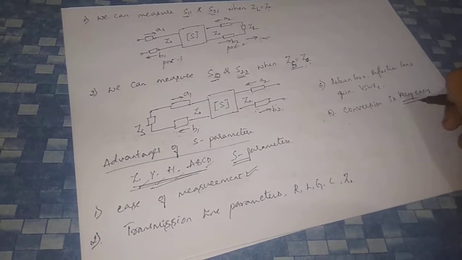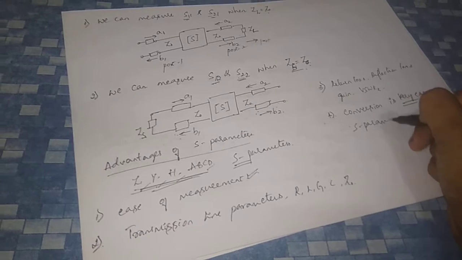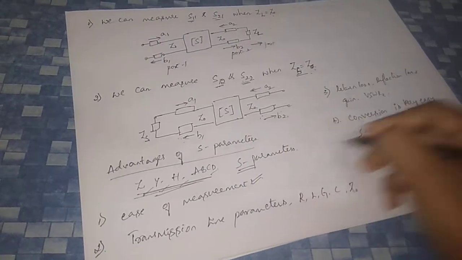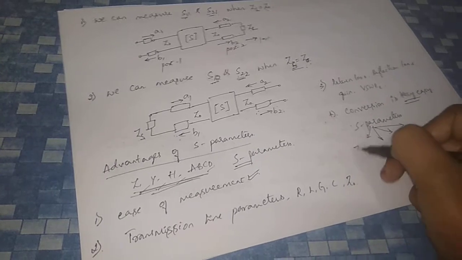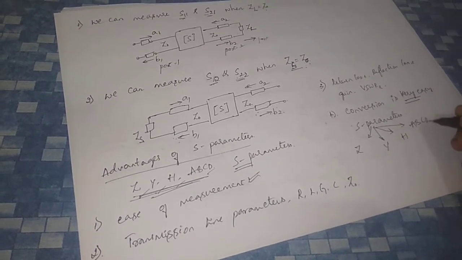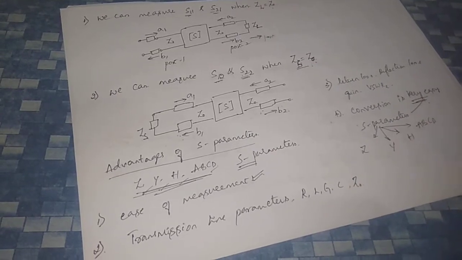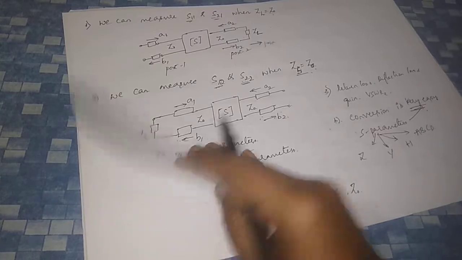From S parameters you can convert to Z, Y, H and also ABCD, and that is also very easy. So these are the advantages of S parameters.